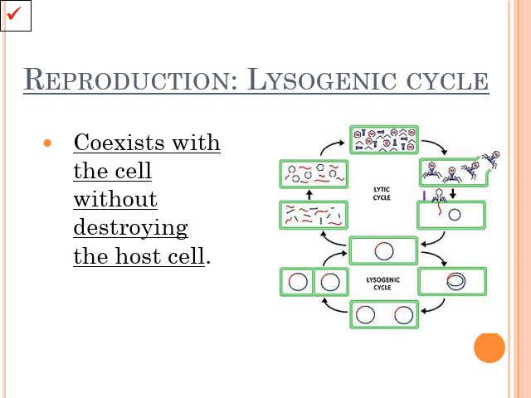So the cell will go about its normal everyday activities, and every time it replicates, as you see down here, there's a bit of virus inside the cell already. Now this continues until a signal is reached, and once that signal is reached, all of these cells that have the viral DNA will simultaneously go through the lytic cycle. So this is kind of like an incubation period. When you get infected with the flu, you're not sick automatically, but it takes a couple of days for the virus to multiply to the point where it makes you sick.